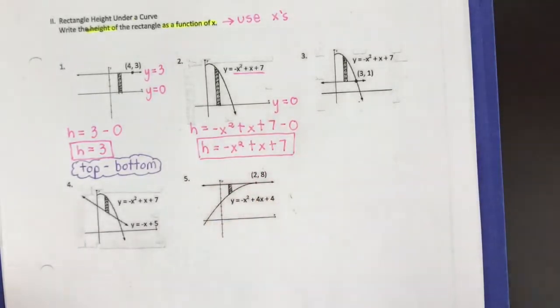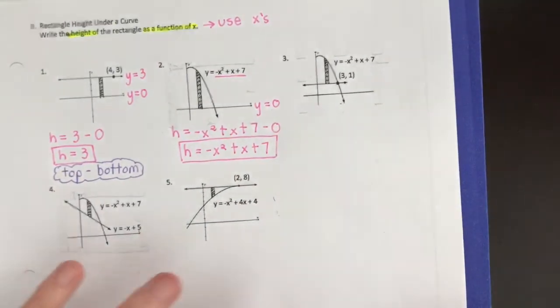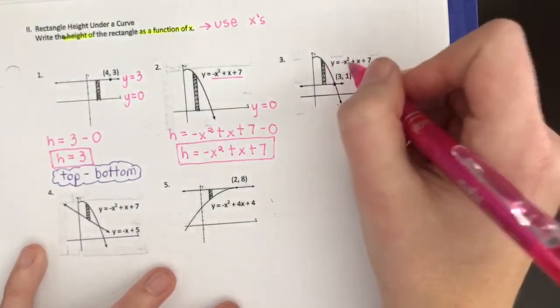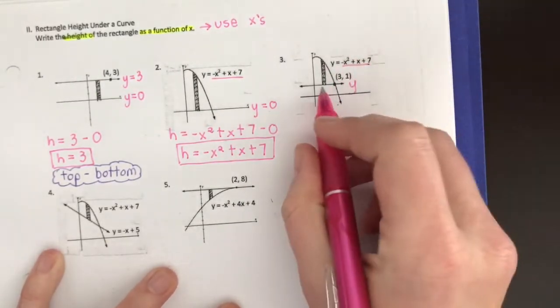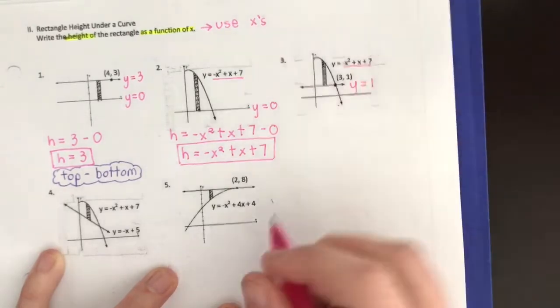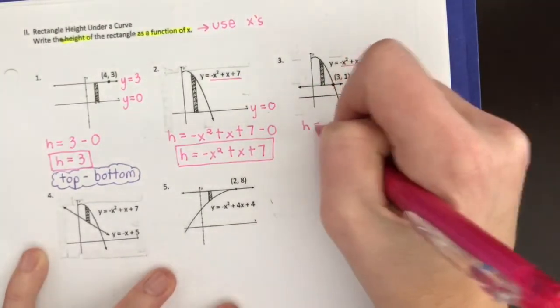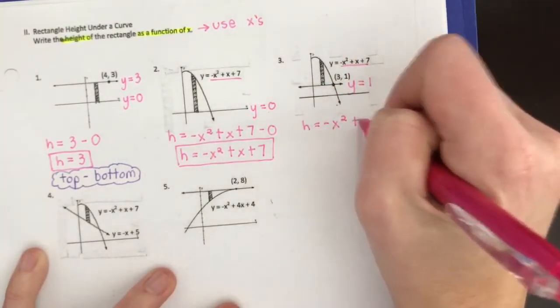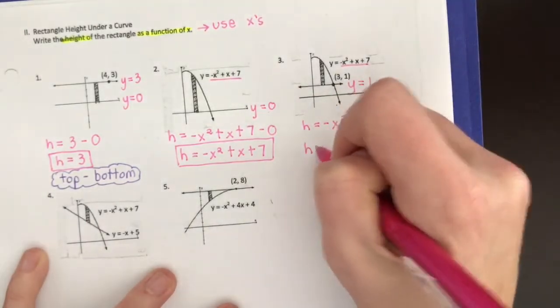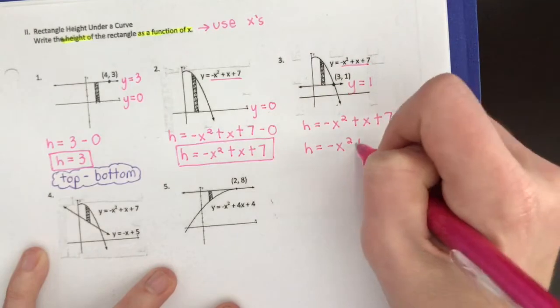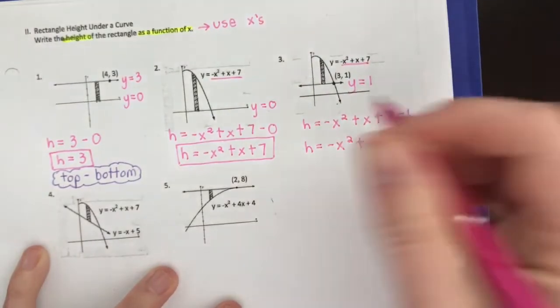Okay, next, problem number 3. So here top function is negative x squared plus x plus 7. Bottom function would be y equals 1. So we would have height equals negative x squared plus x plus 7 minus 1. So the height equals negative x squared plus x plus 6.